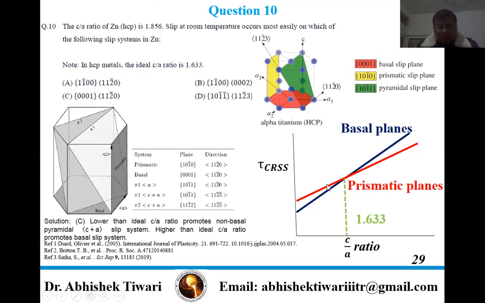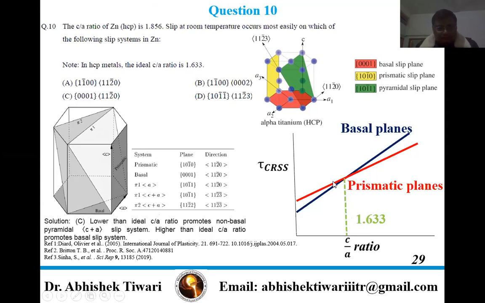This can also be represented in a graph. For a c/a ratio above 1.633, it will promote the basal plane, and for below 1.633, it will promote the prismatic plane.